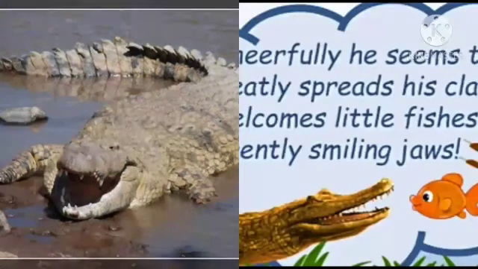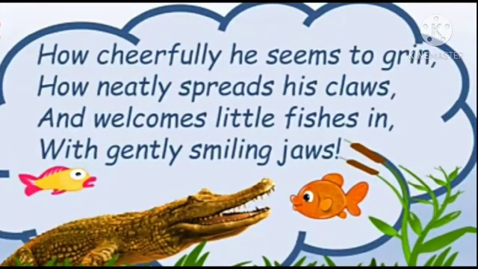Okay, now let us see our second stanza. How cheerfully he seems to grin, how neatly spreads his claws, and welcomes little fishes in with gently smiling jaws. Now in the second stanza, the poet is saying that the crocodile cheerfully grins, that is, he smiles, but his smile is a mask he puts on to hide his real intention of attracting the fishes.